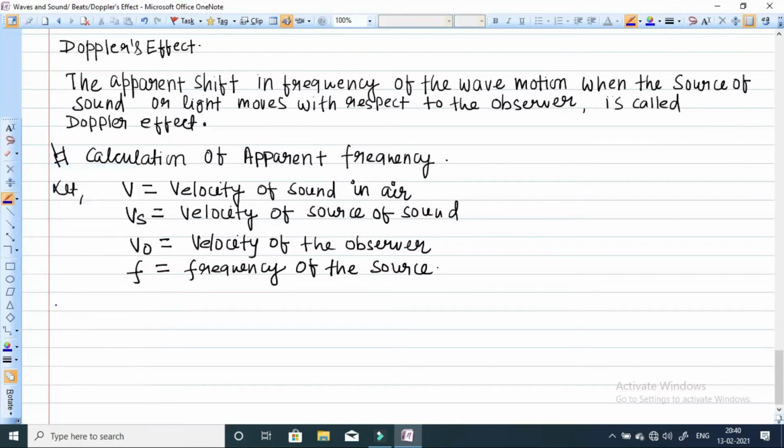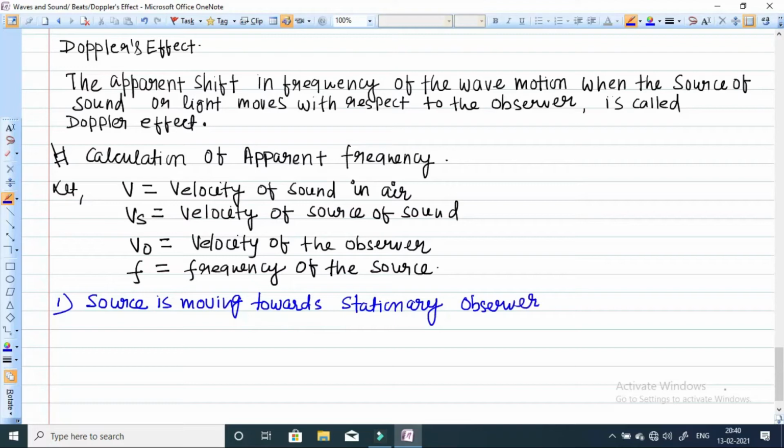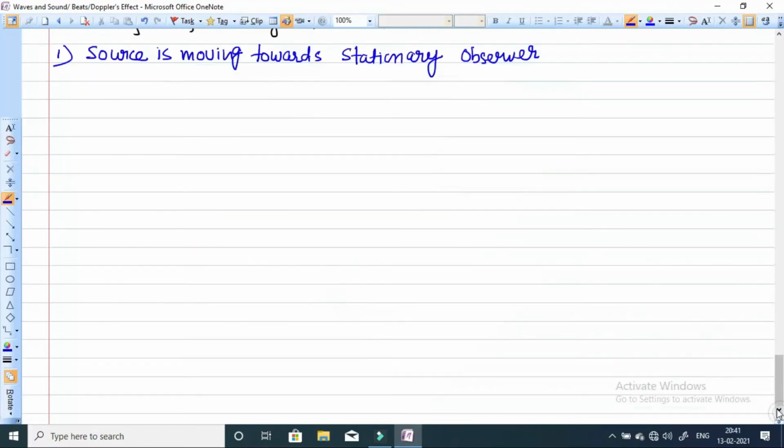So the first case is the source moving towards a stationary observer. The observer is stationary and the source of sound or wave is moving towards the stationary observer. Let me calculate this.